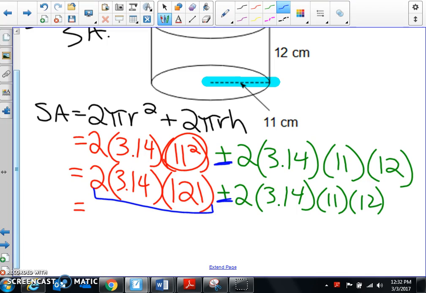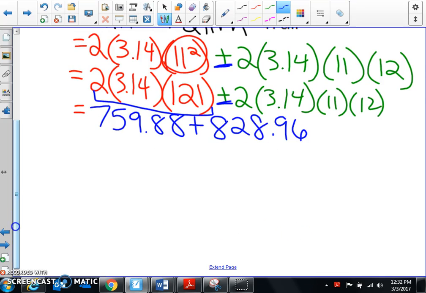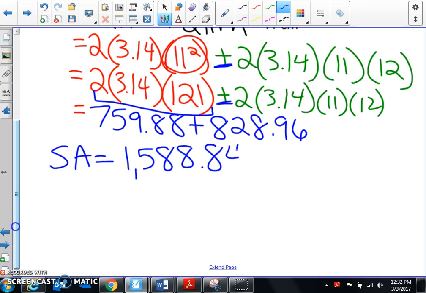So in my calculator, I would do 2 times 3.14 times 121, and that gives me 759.88. Plus, now I do the second, the green part. 2 times 3.14 times 11 times 12 is 828.96. Last step, add them up, and I should get 1,588.84.